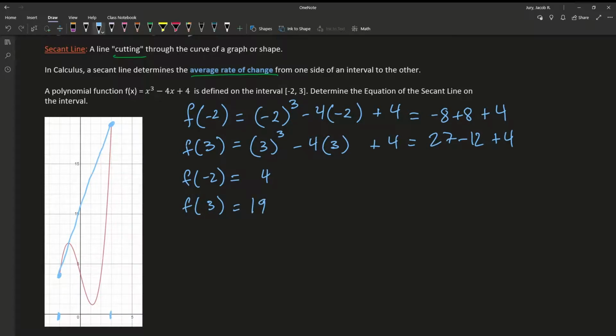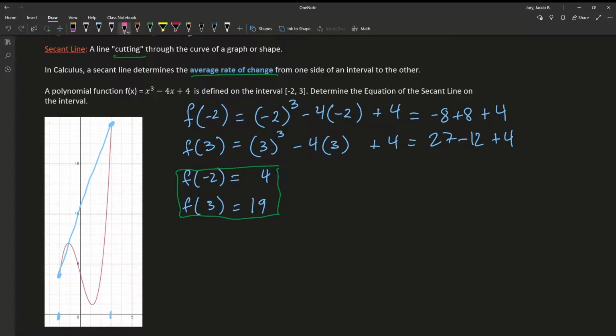It's pretty evident from the graph as well. I can see those points on the graph. So this data right here is crucial to figuring out what the equation of a line is, because all you really need for a line is a point and a slope. So we'll have to use these 2 points to determine the slope.